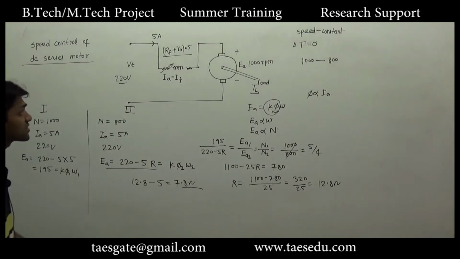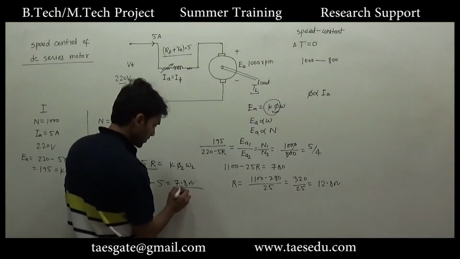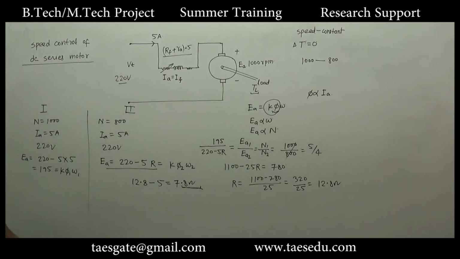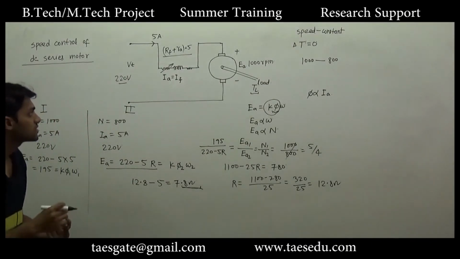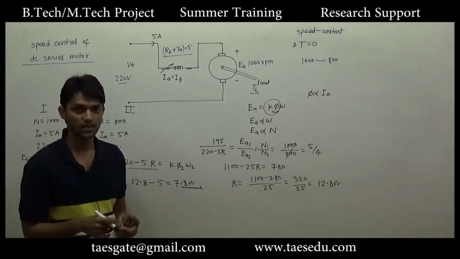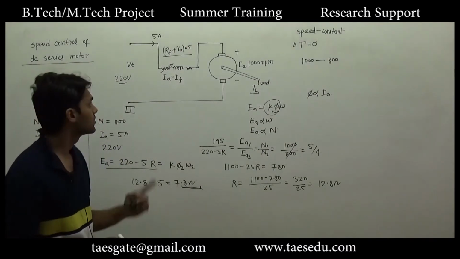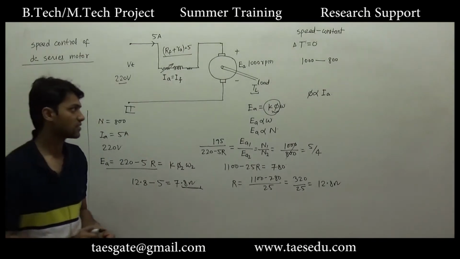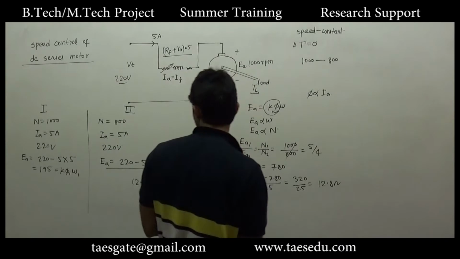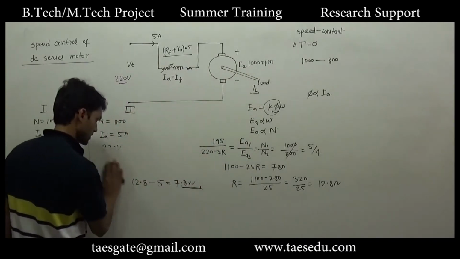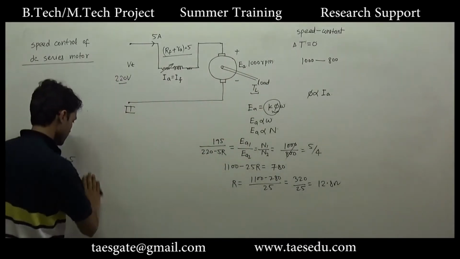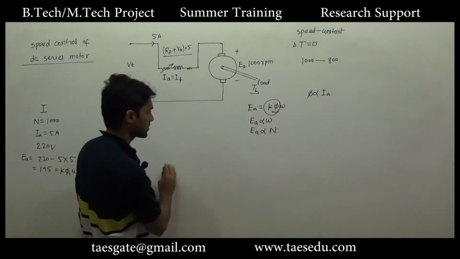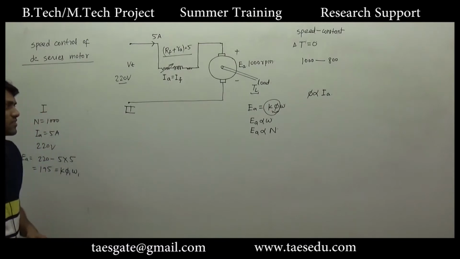So there are certain things you can remember in case of DC machine or in case of any machine. If you will increase the resistance, the speed will decrease. If everything is constant, if you will increase the resistance, the speed will decrease. I am writing certain points which are correct in almost every case.